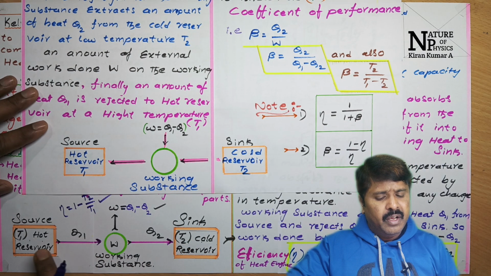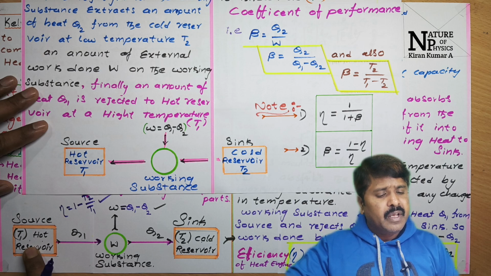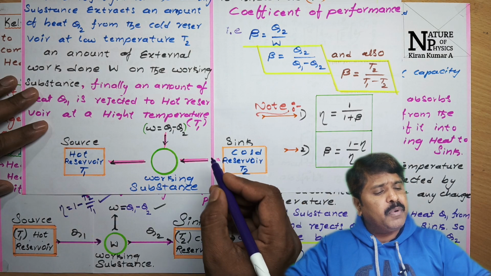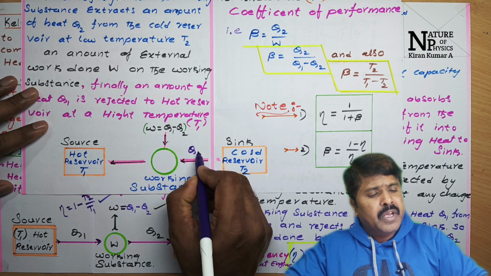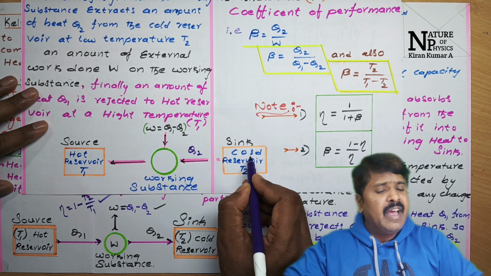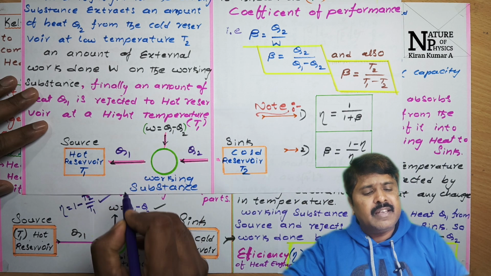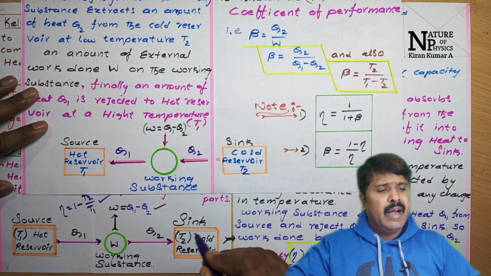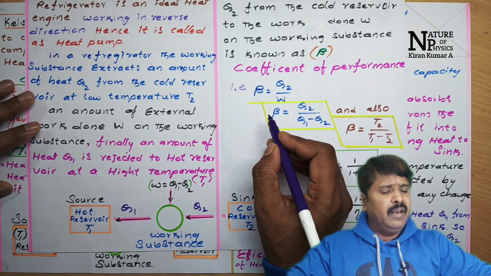In the heat engine, Q1 heat energy is absorbed from the source and Q2 heat energy is ejected to the sink. Here it is quite opposite, student. Here Q2 heat energy is absorbed from the sink and Q1 heat energy is ejected to the source. Detailed continuation we will discuss.